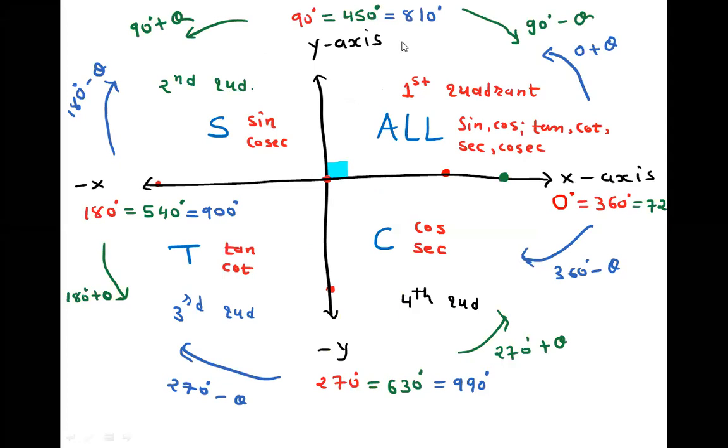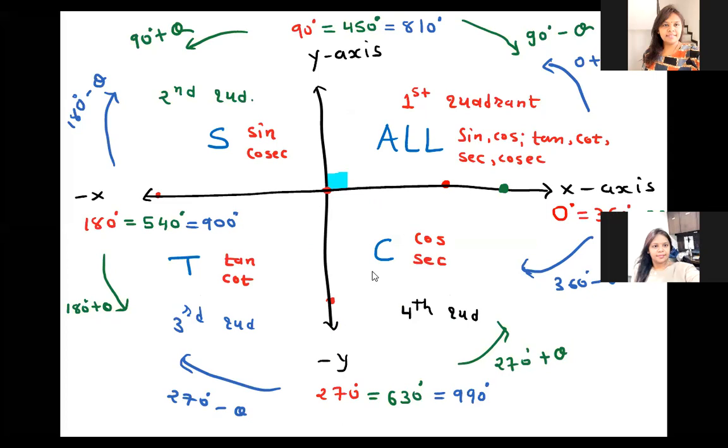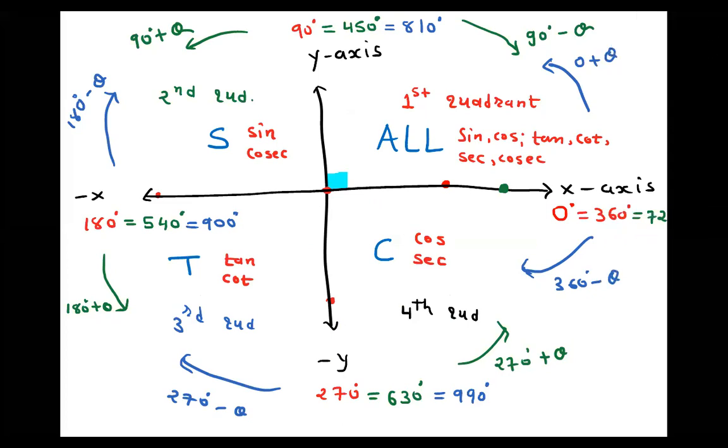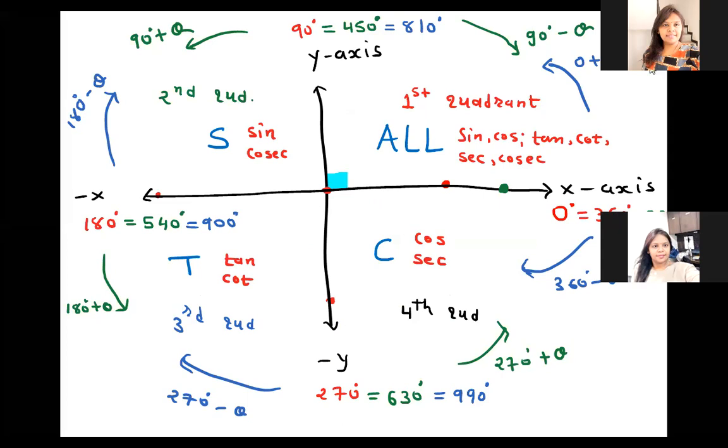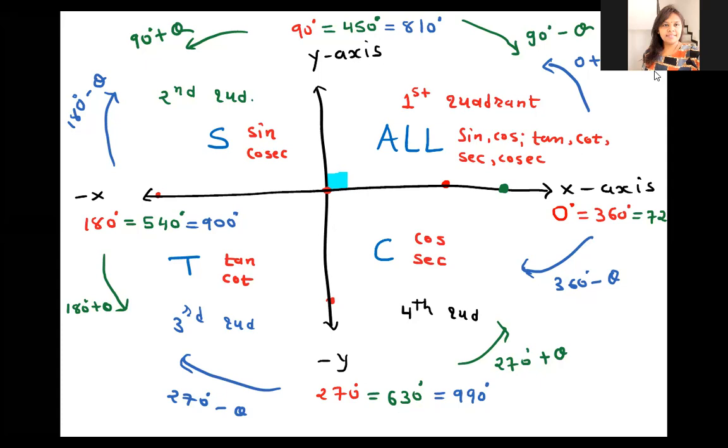First is the axis, the xy axis. Then degrees. Every quadrant gives 90 degrees. Quadrant means your unit circle is converted into four quadrants. In ASTC, A means all the trigonometric functions: sine, cos, tan, cot, sec, and cosec.